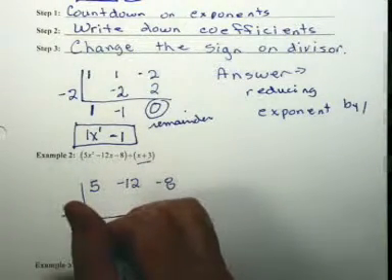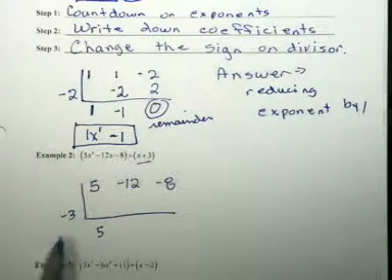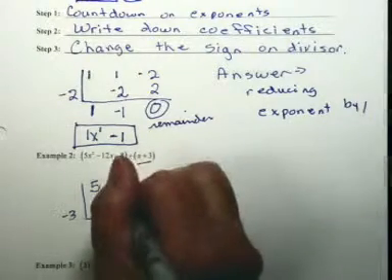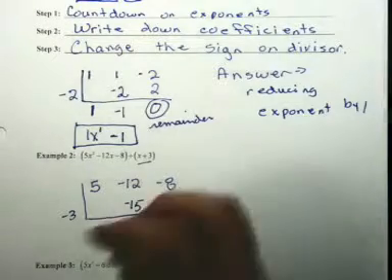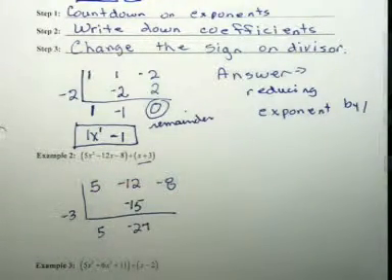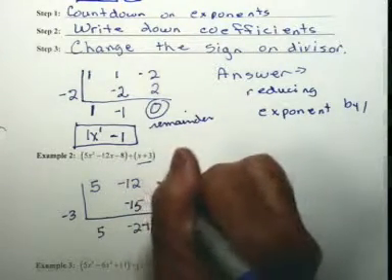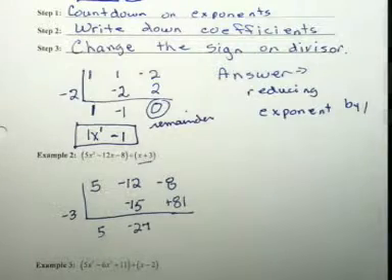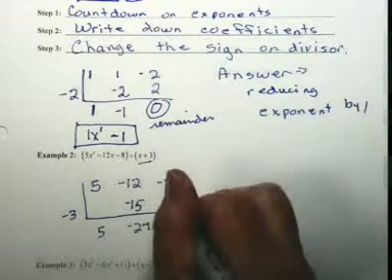The first number just comes straight down. We always bring that first number straight down. Negative 3 times 5 gives me a negative 15. We add, and negative 3 times negative 27 gives me positive 81. Subtract 8.